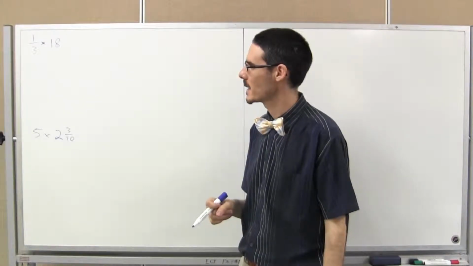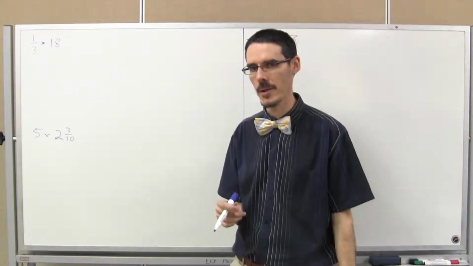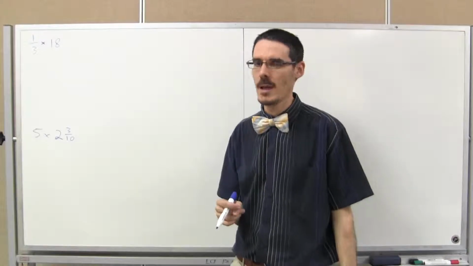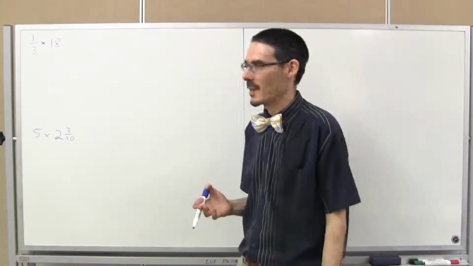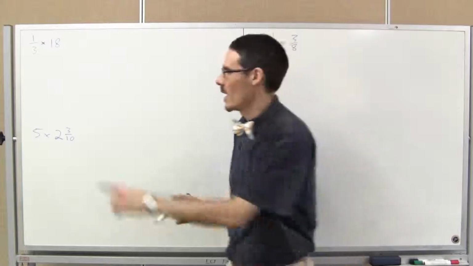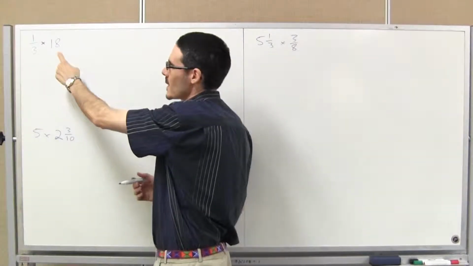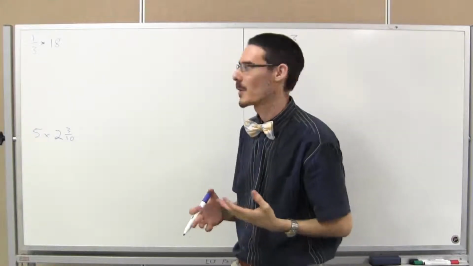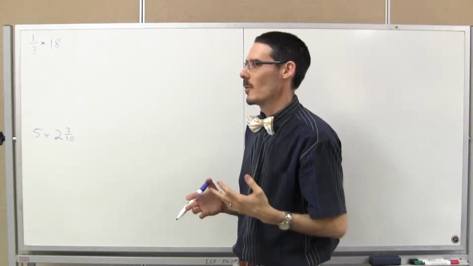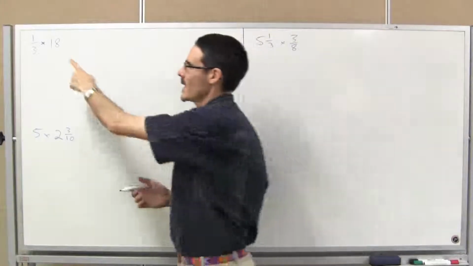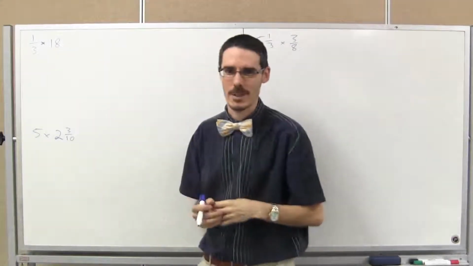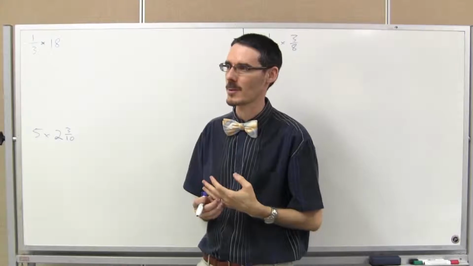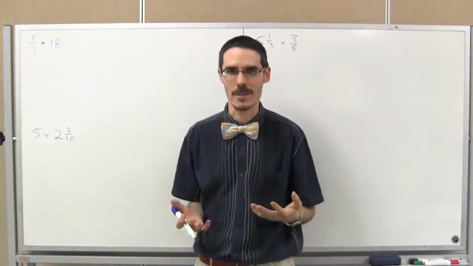1/3 times 18. 1/3 of 18. Now you and I both know that 1/3 of 18 is 6. 1/3 times just means to divide this number by 3. But I want to show you the algorithm and how it applies. Well, 18 at the moment doesn't even look like a fraction. If I'm going to use my fraction algorithm, I need it to be a fraction.